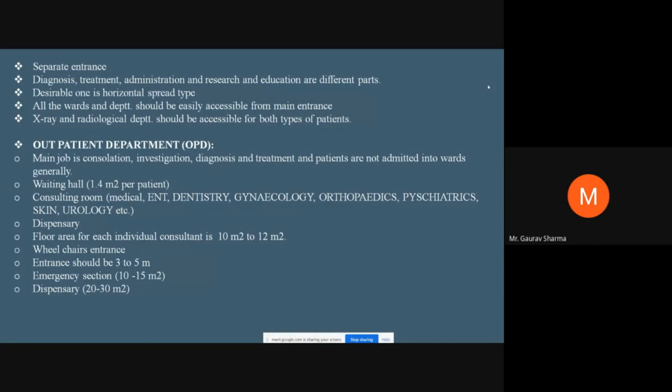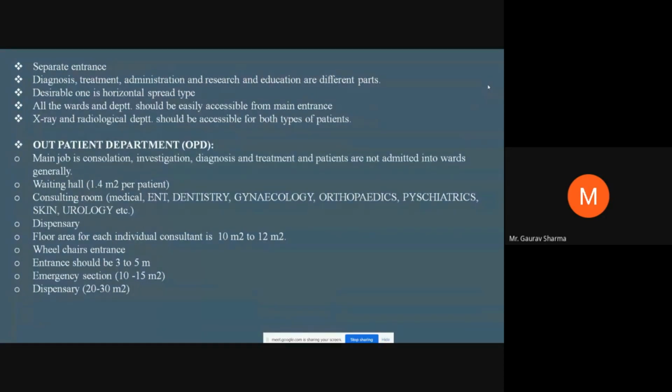All the wards and departments should be easily accessible from the main entrance. That is the very obvious thing, that the wards and the departments should be easily accessible, not only for the patients but the visitors too, and for the staff. We can say medical staff or nursing staff, whoever is working over there. So that should be easily accessible.